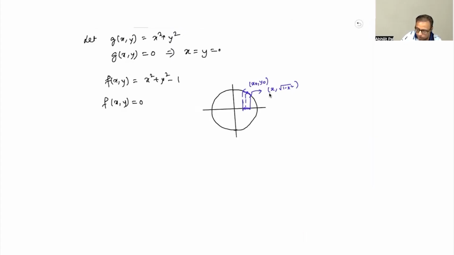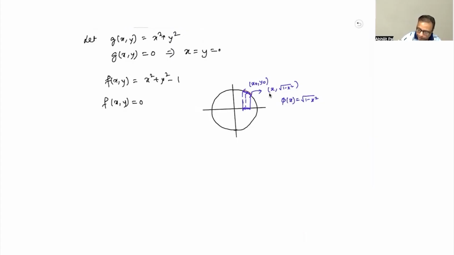If I take phi(x) to be the root of 1 - x^2, then this portion is the graph of phi(x).